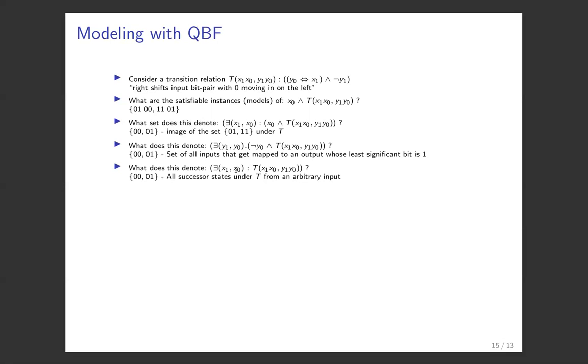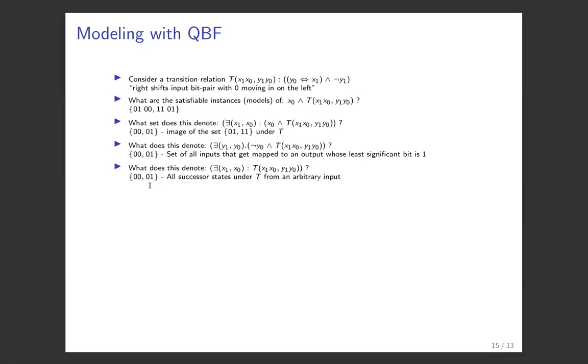So there exists an x1 x0 such that T holds good. If it is 0 0, the output will be 0 0. If it is 0 1, it will be 0 0. If it is 1 0, it will be 0 0. If it is 1 1, it will be 0 1. Okay. So this is correct.